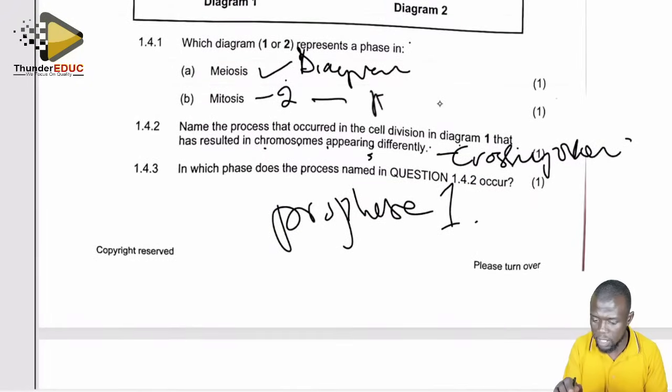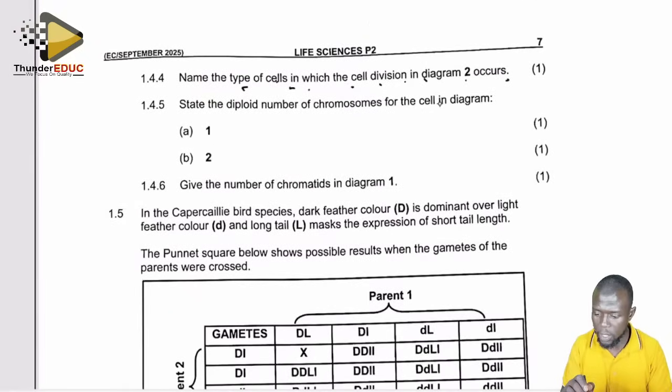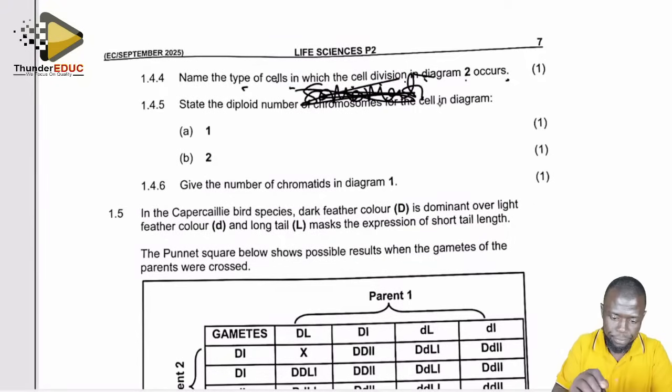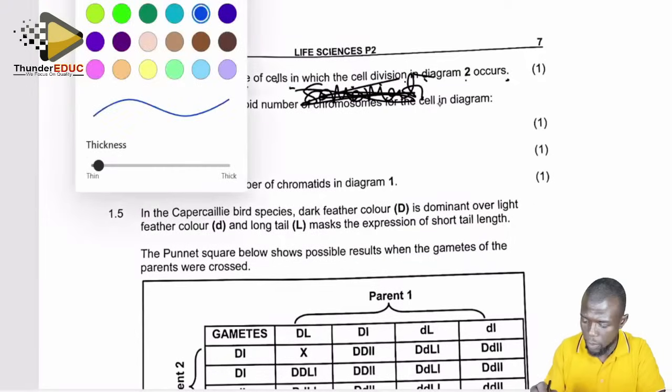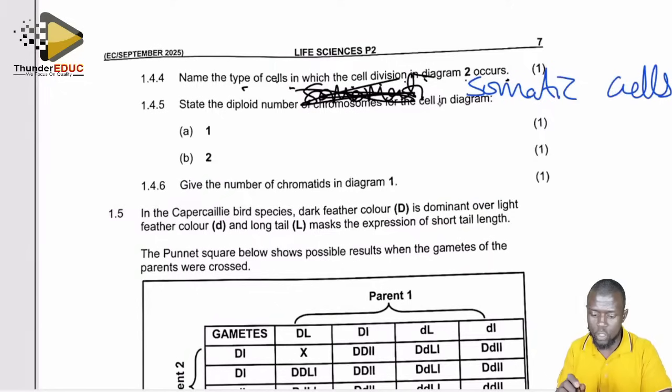You remember I said this looks like mitosis. And mitosis occurs in the somatic cells.